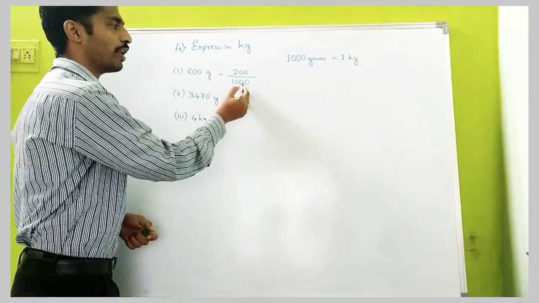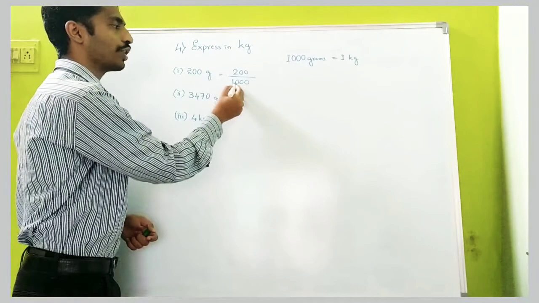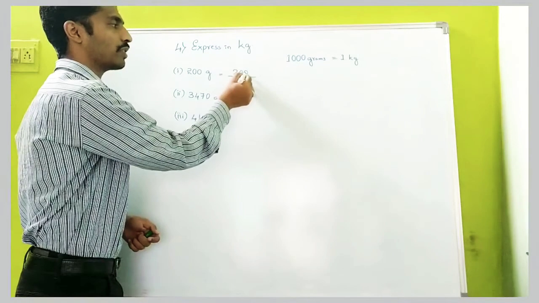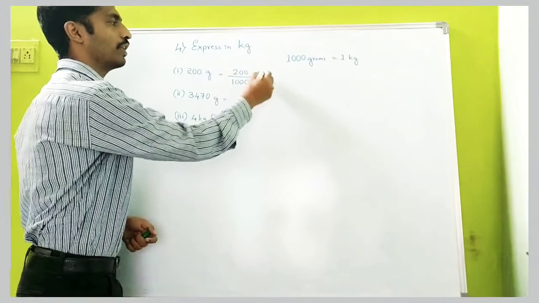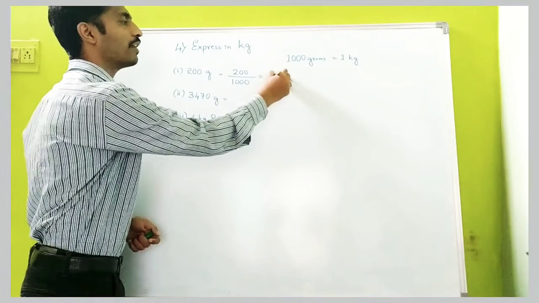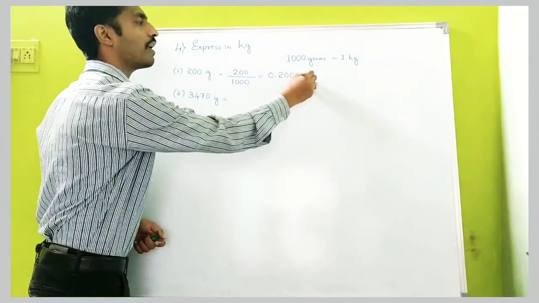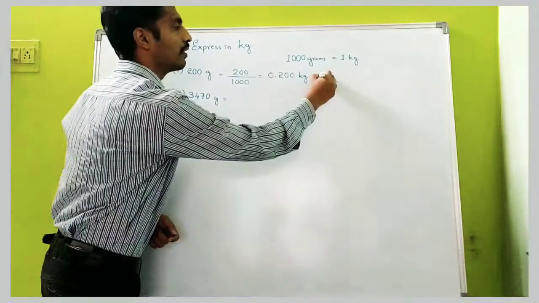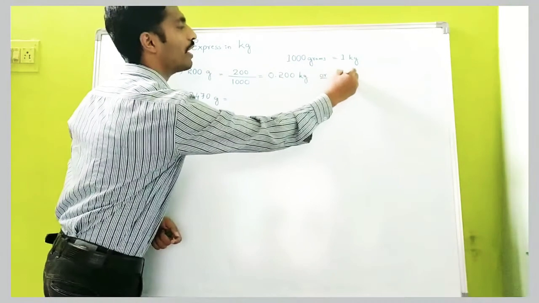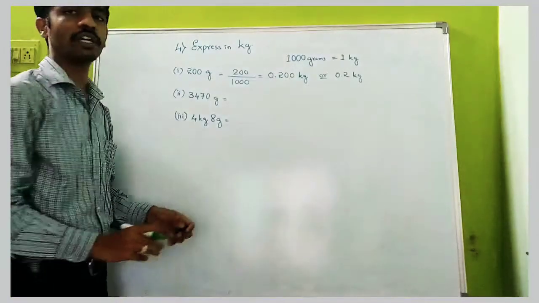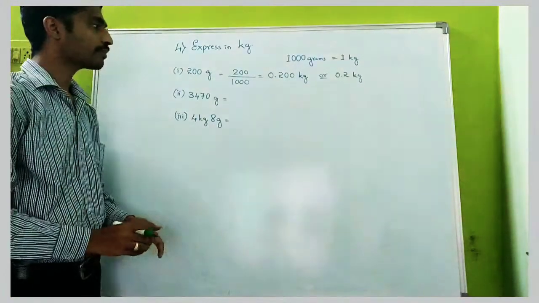After how many numbers we have to put the point? 1, 2, 3. 3 zeros are there. After 3 numbers we have to put the point. 1, 2, 3. So equal to 0.200 kg is our answer. Or else you can write only 0.2 kg also. So there is no value after that point.